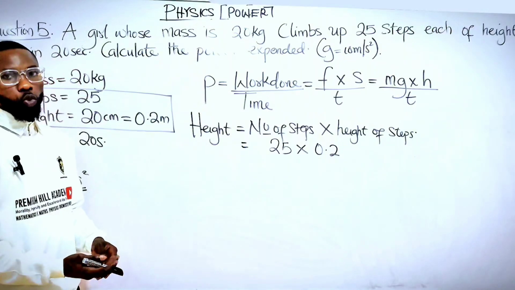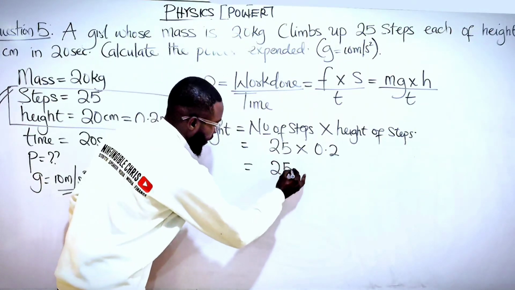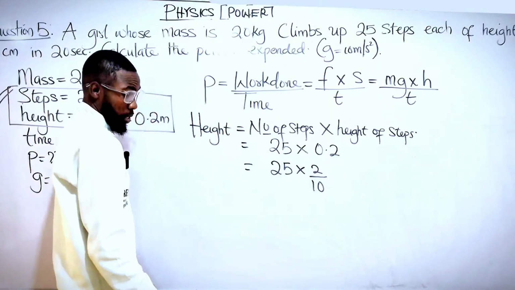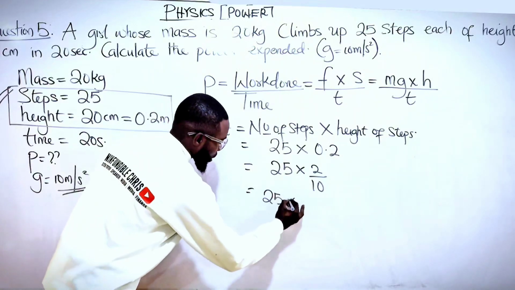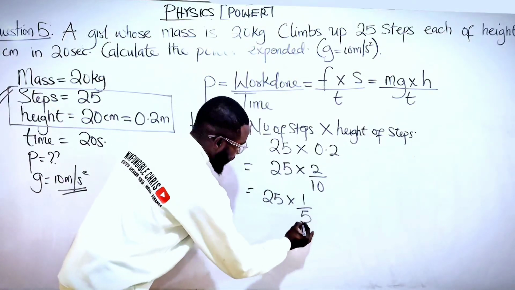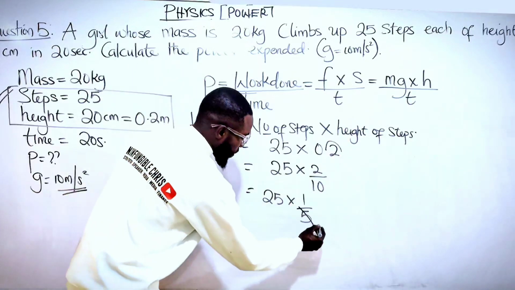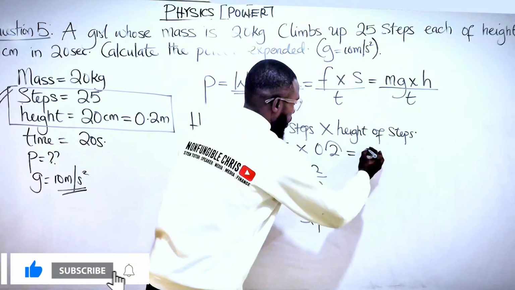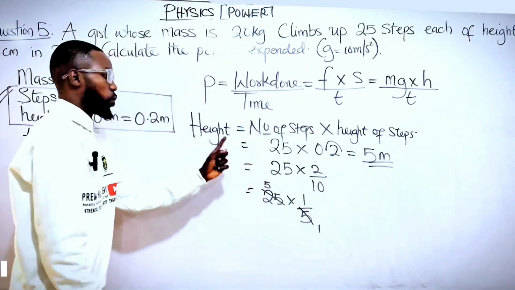If you convert 0.2 into a fraction, it's 2 over 10, so we can say 25 times 1 over 5. The 5 here cancels 25 to 5. It means that if we multiply, we have 5 meters. That's the final answer for the total height.